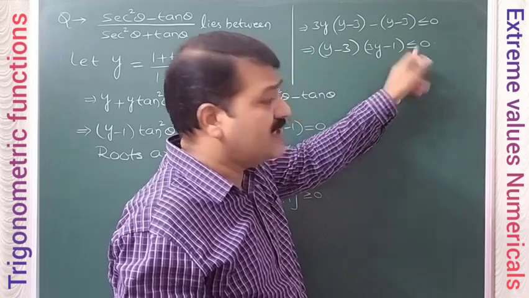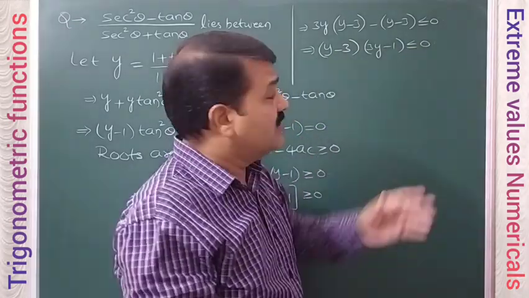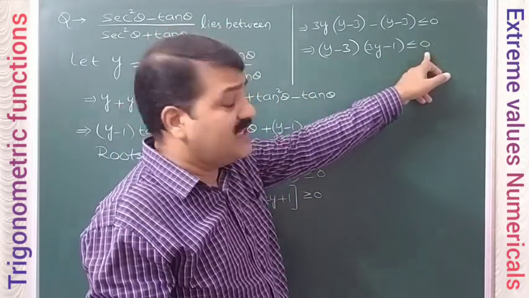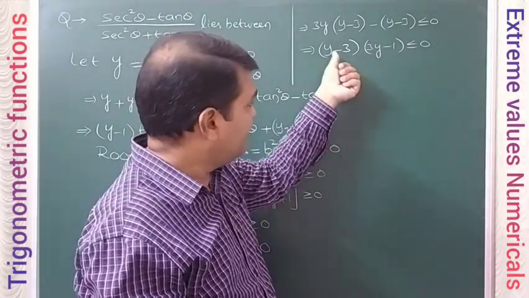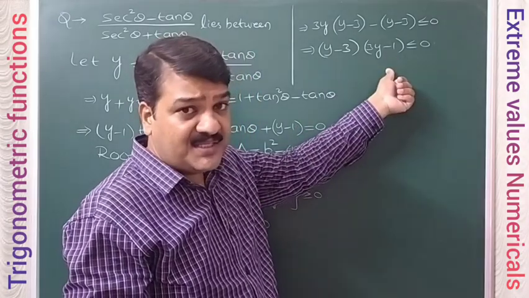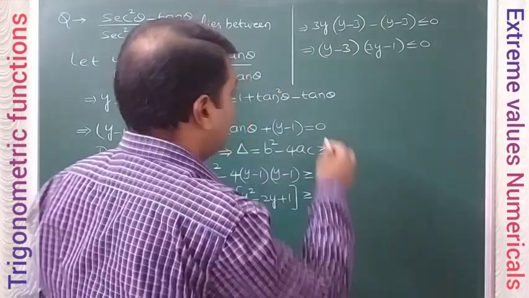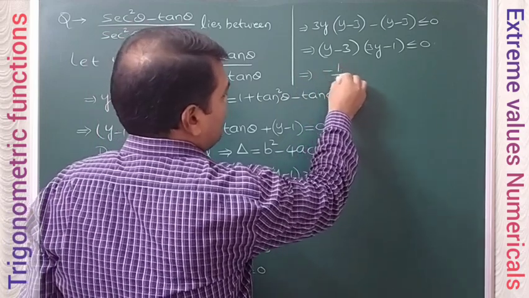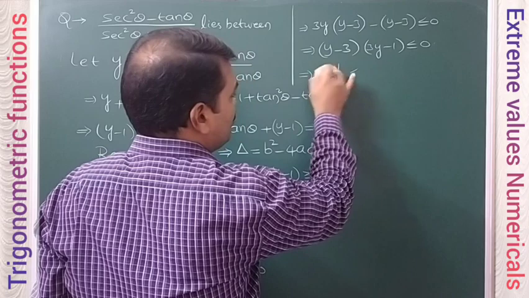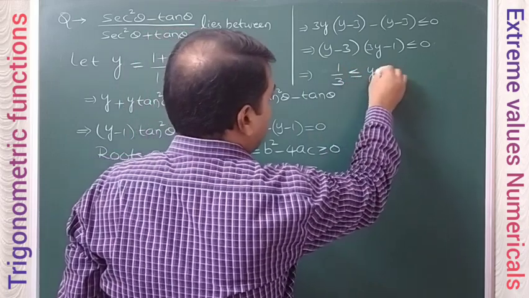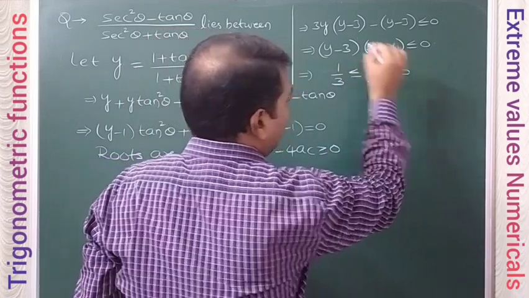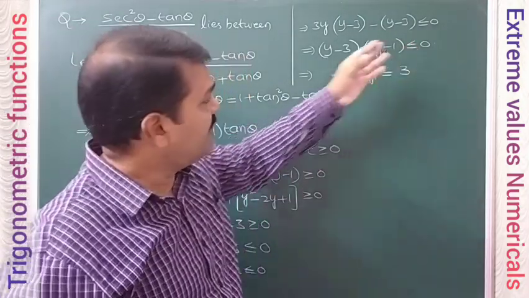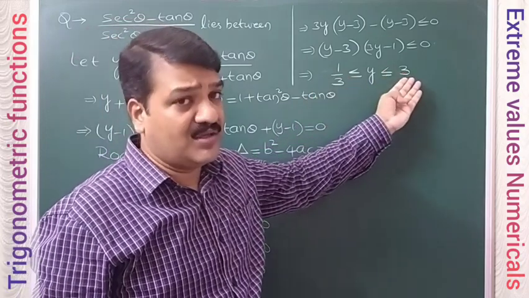So what will be the roots of the equation taken here? Roots will be 3 and 1 by 3. Since we have the less than symbol, we take y lies between the roots. So y lies between 1 by 3 and 3. Less than or equal to is there, therefore we can include 1 by 3 and 3 also.